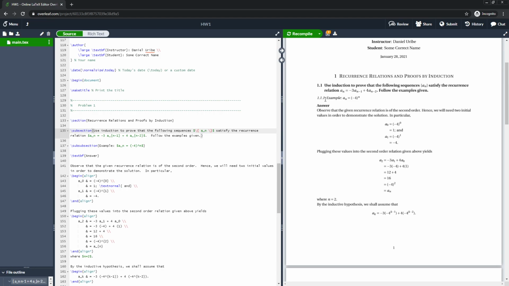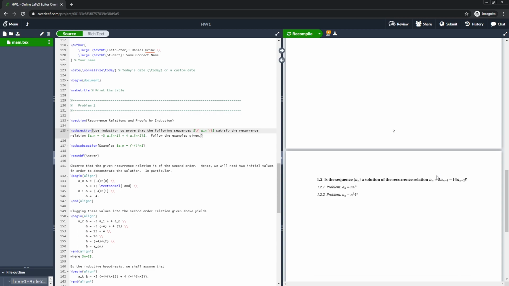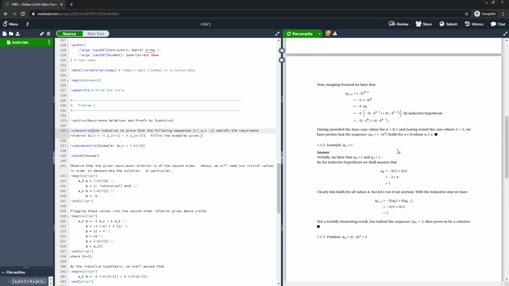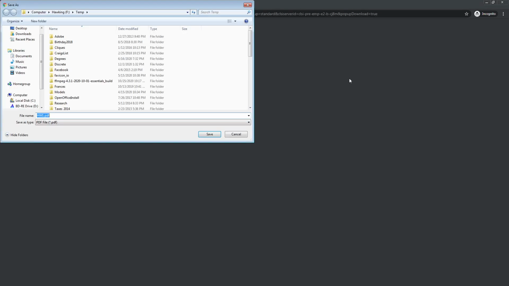But I give you this example problem. Yeah, and then we'll do this one. So that's the idea. That'll get you started. You can use Overleaf to create these. It's free to sign up for the account. And then whenever you're done, you can download the PDF.